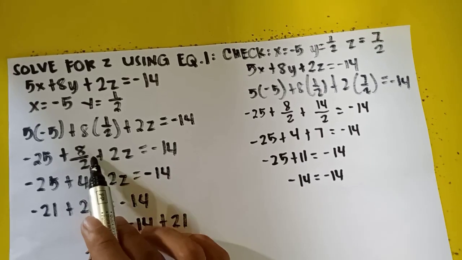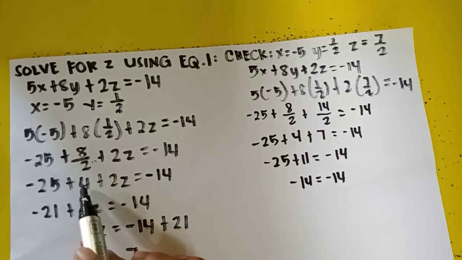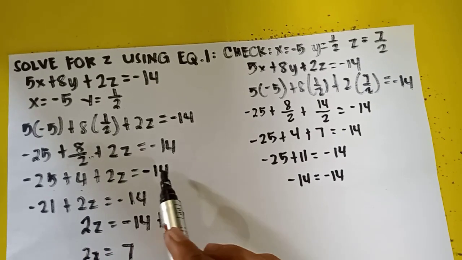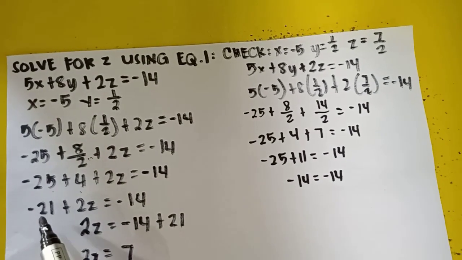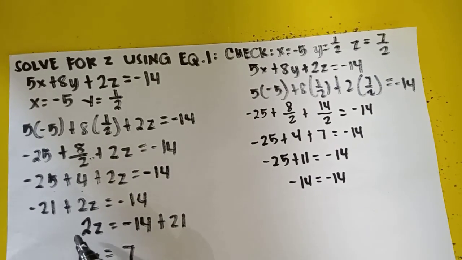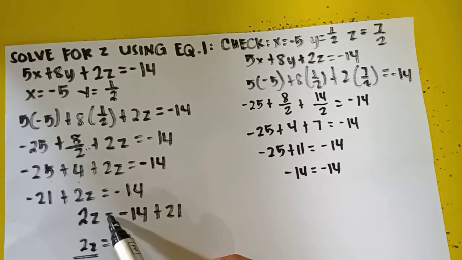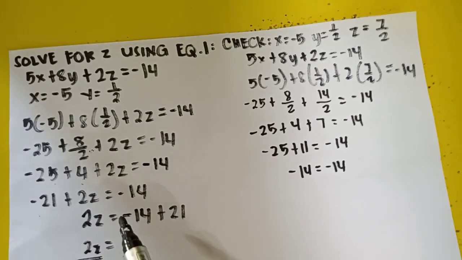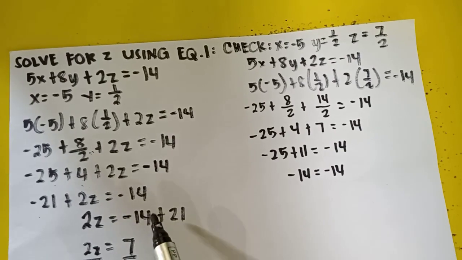If we simplify 8 over 2, it will give us 4. So negative 25 plus 4 plus 2z equals negative 14. Negative 21 plus 2z equals negative 14. The 2z will remain, and then we will transpose negative 21 to the right side, which will be positive.